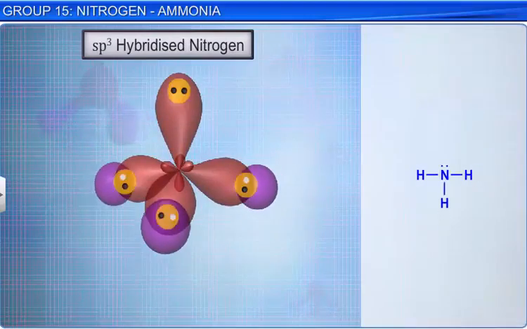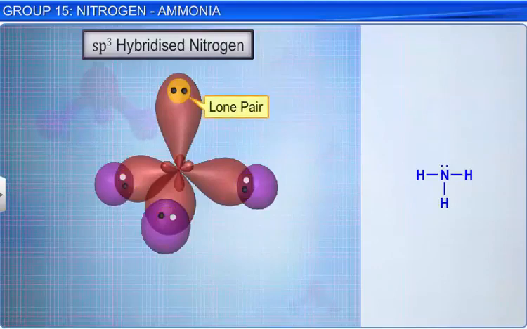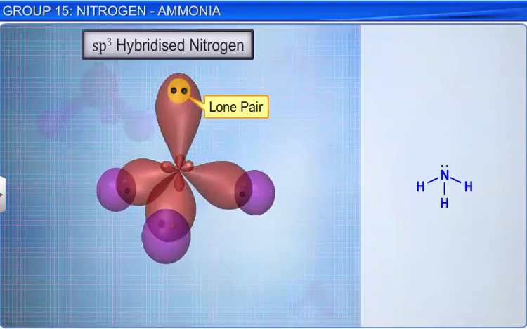Among the 4 electron pairs present in the 4 sp3 hybrid orbitals, one is a lone pair. On account of the presence of one lone pair, the geometry of the molecule is not regular but distorted.